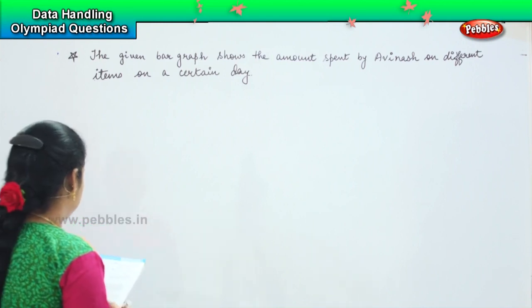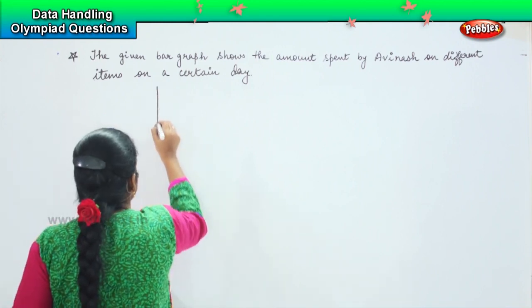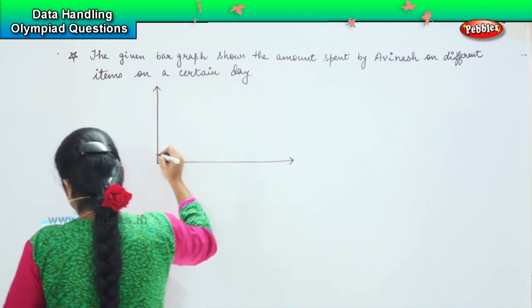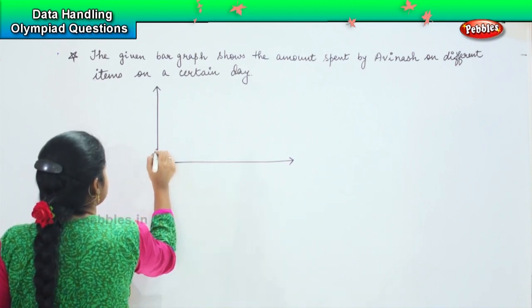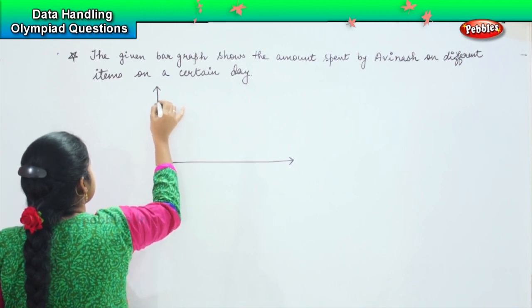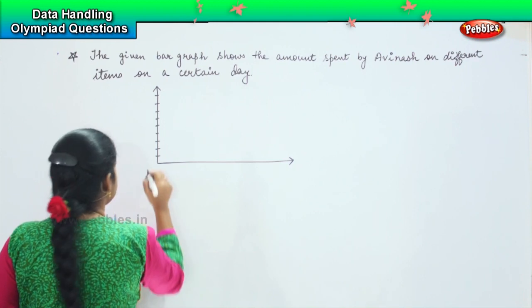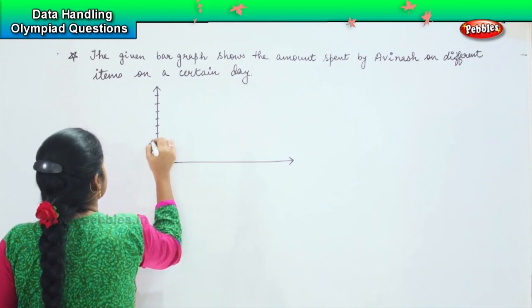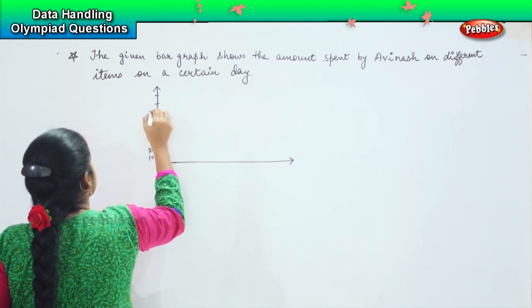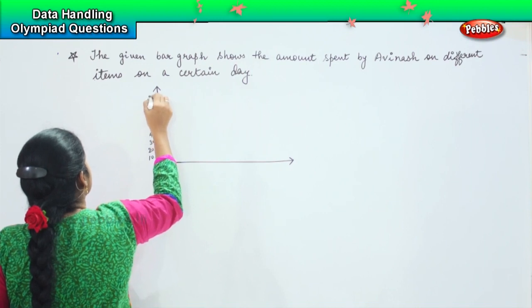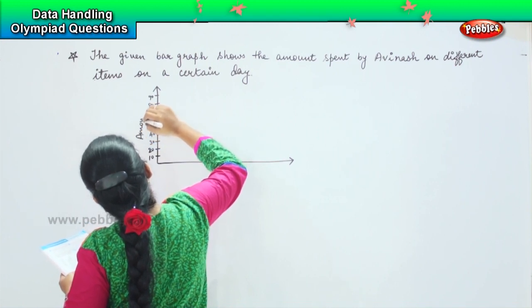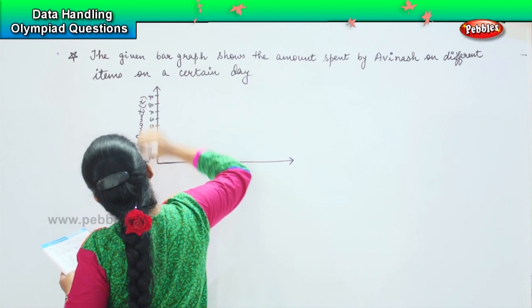Okay, and here is the bar diagram. And this is the amount that is spent in rupees.